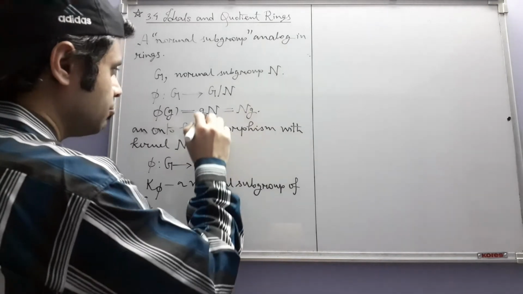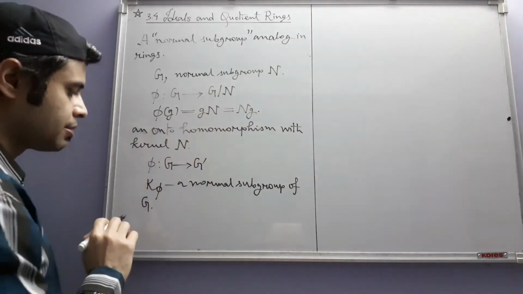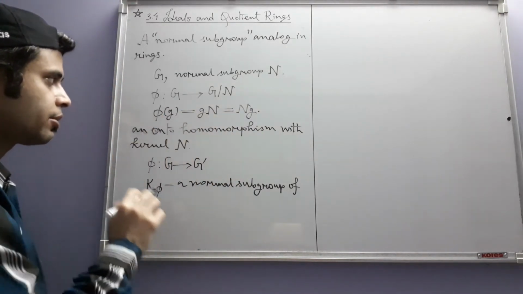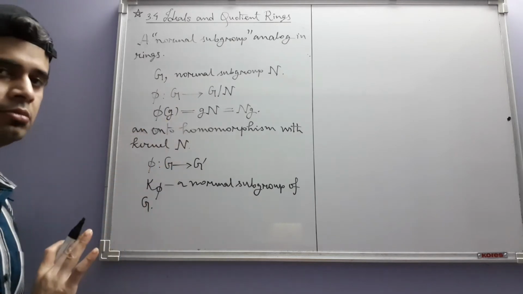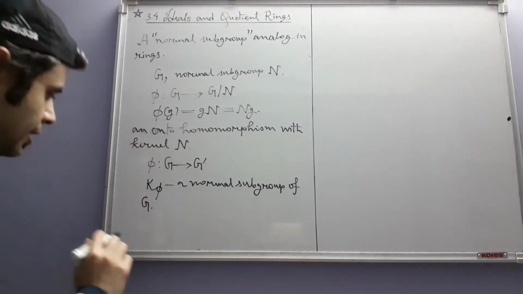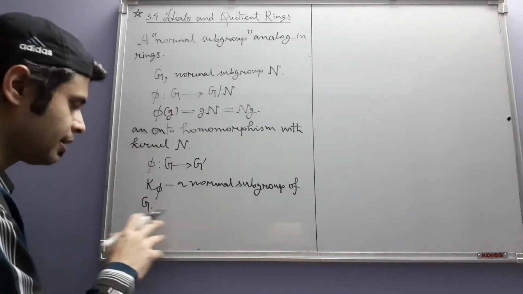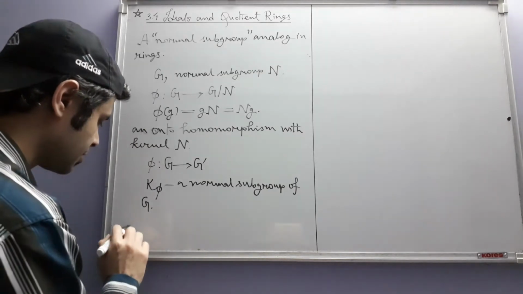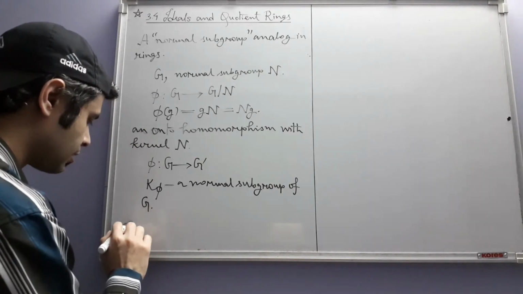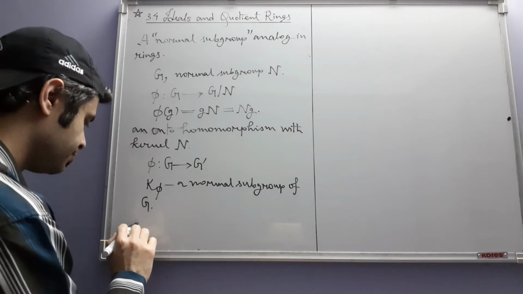You see, when we define a normal subgroup, the definition does not involve any group homomorphism. In fact, it's defined like this. There are several equivalent definitions, but the first one arguably is this one.